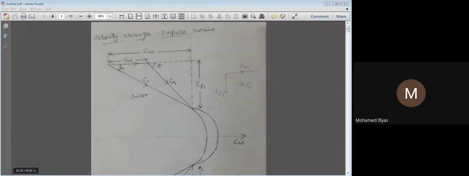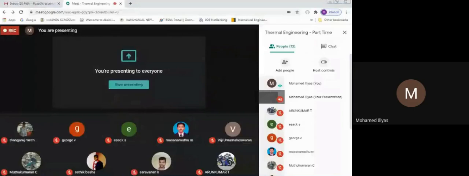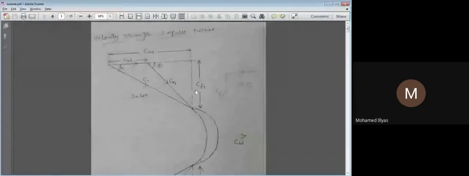Okay. So I hope you are familiar with these velocities. We can note that down later.